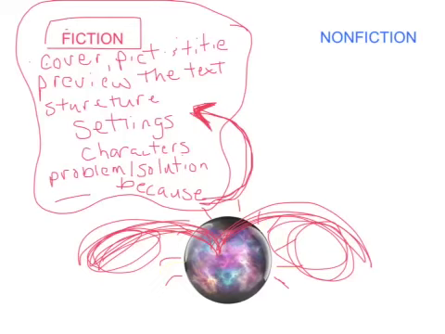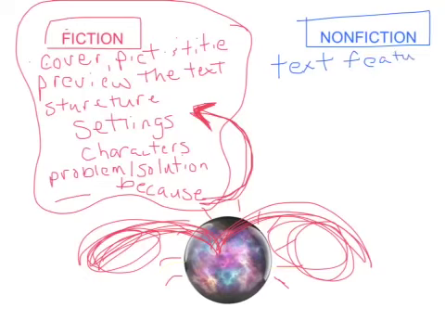Now, when we're working with nonfiction text, it's very important that we preview the text features, and we know what the text features are. Those include the headings, the pictures, the captions. And we look for clues. We also, very, very important, we need to decide the text structure. How did the author write this?